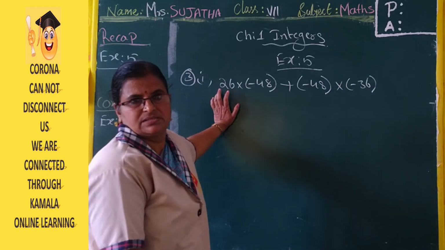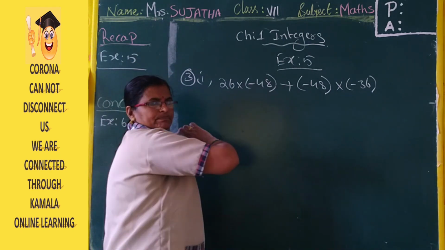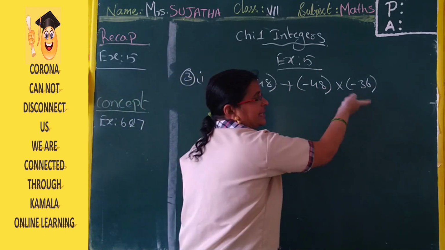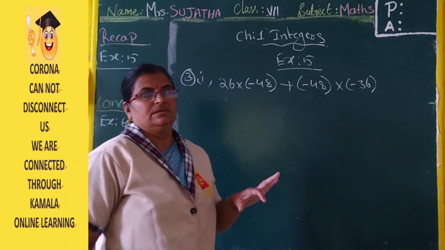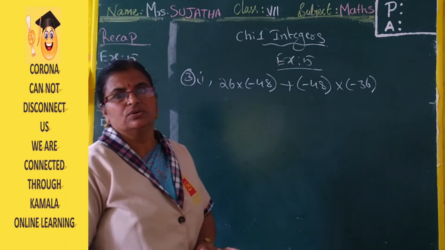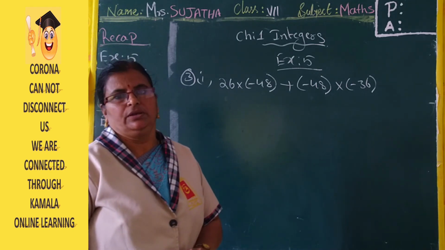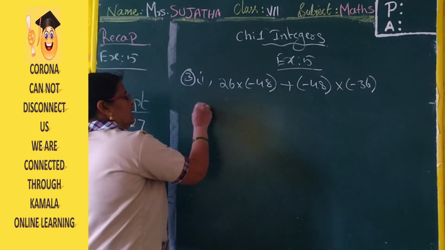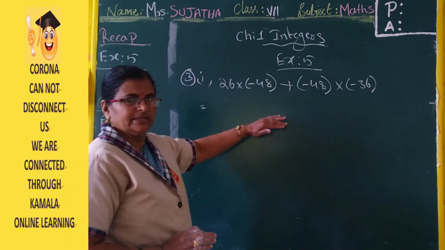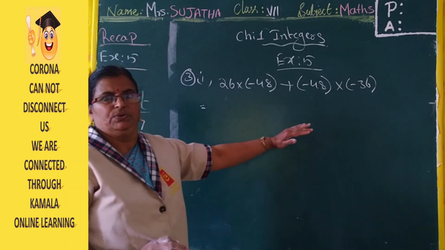Three different numbers. See, these two are the same. Here 26, 48, 36, three different numbers. Three different numbers means we can use the distributive law. After that we will apply associative also. We will try that. First we will say distributive law.